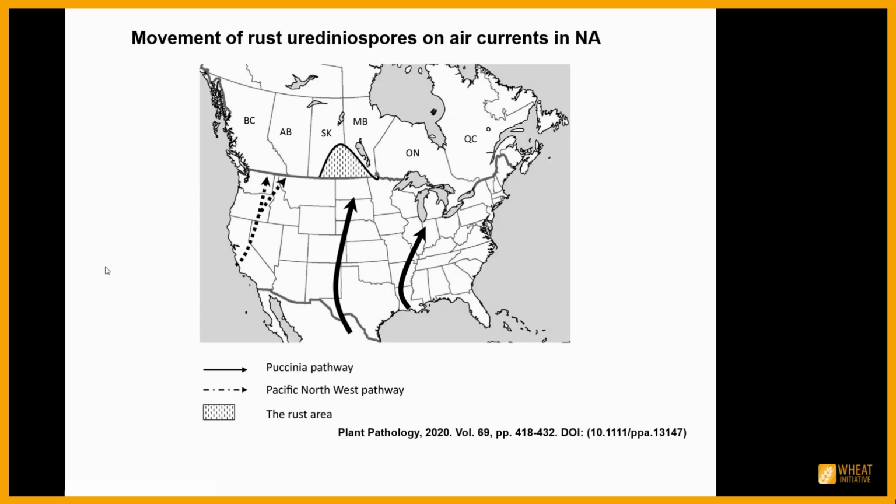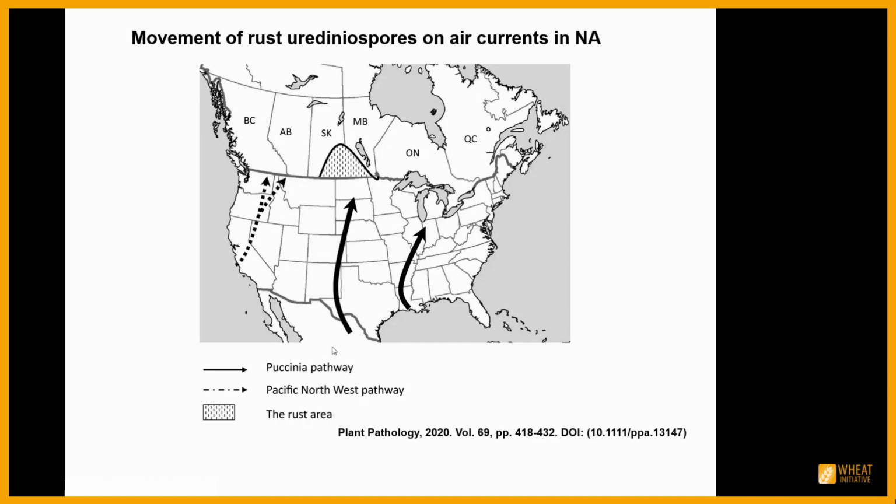In North America and in other places in the world too, there are patterns of spread of the fungus, and in North America there have been 3 main currents identified.